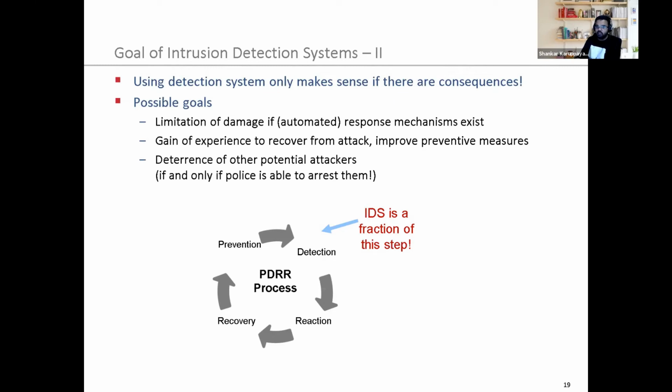So if you are able to detect, even if you are not able to prevent it immediately, you can then take action: okay, this is where I messed up the previous time, I will now improve my organization's policy so that this will not happen in the near future, right? And deterrence of other potential attackers. But this is only if the police is able to arrest them. This is unlikely if you ask me, but the first two, yes, it makes sense.